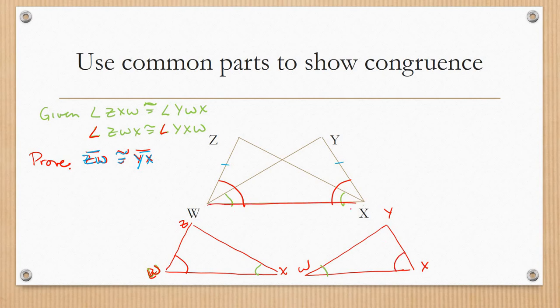By common part, WX is congruent to WX using the reflexive property, and now I have two congruent triangles by angle, side, angle.